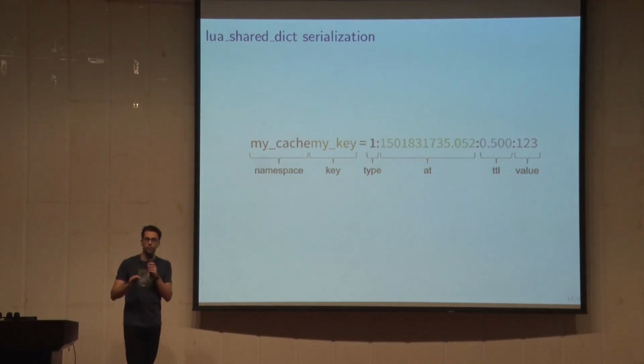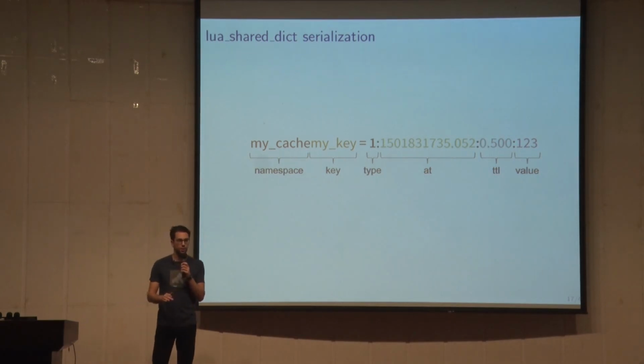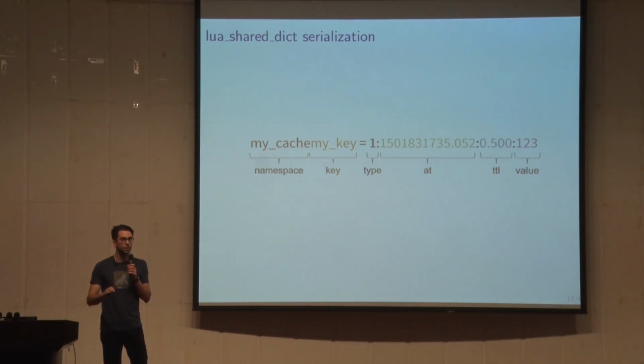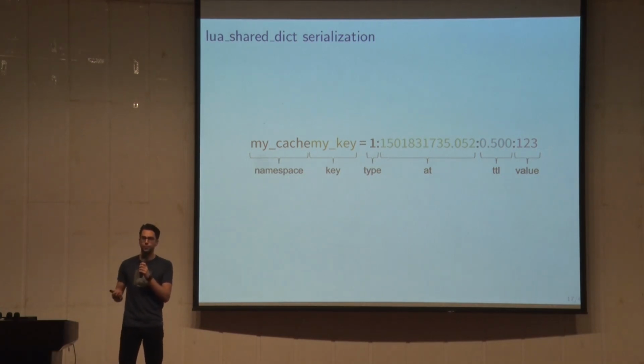So there is no JSON encoding or JSON decoding at all, right? So the performance of mlcache is really good. Even when we hit the Lua shared dictionary, we don't want any sort of non-JITable code that sits in our hot code path. The caching library is critical to the performance of your application.